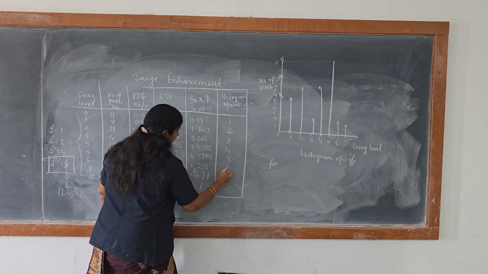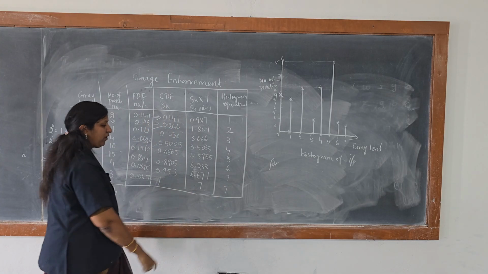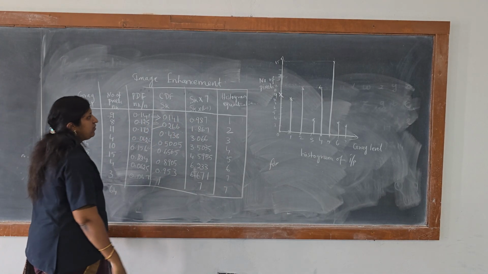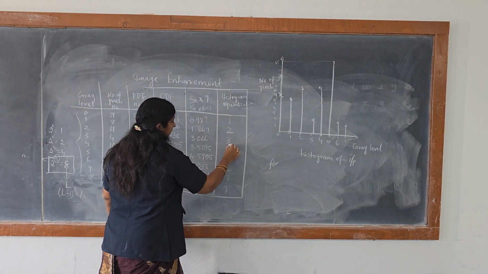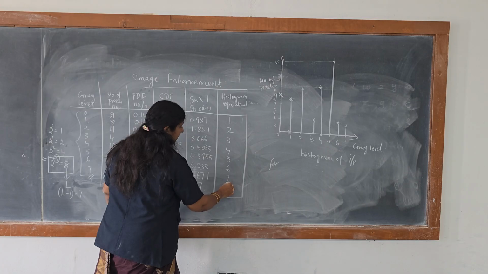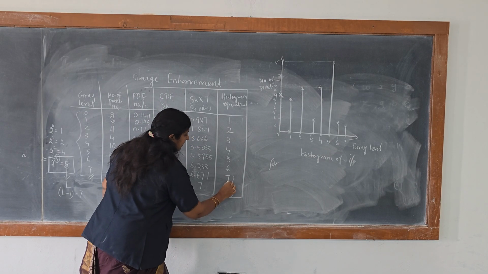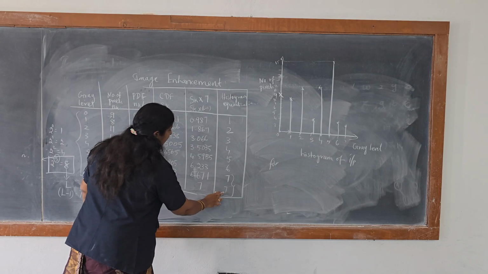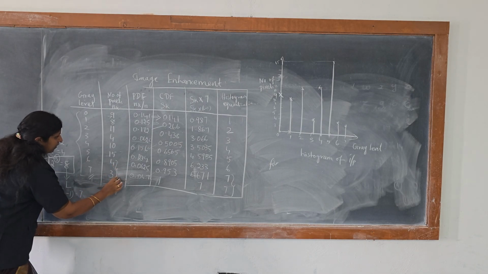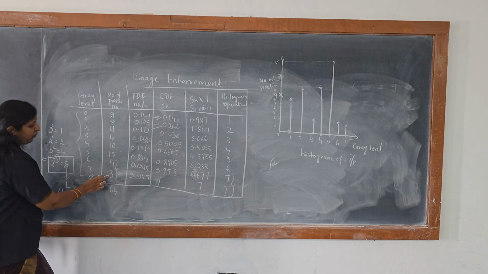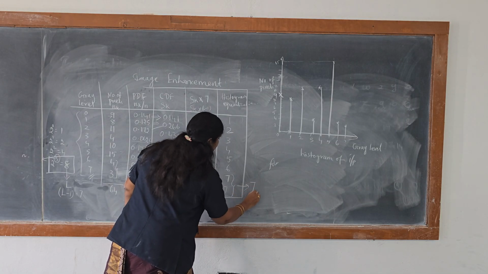Then 6.26, 6.67, and again the final value is round off value 7. If you take this column 1, 2, 3, 4, 5, 6, 7, 7, there is a repetition. So for this histogram equalization value, the number of occurrence of 7 is 3 and 4. So the new number of occurrence is 3 plus 4, 7.